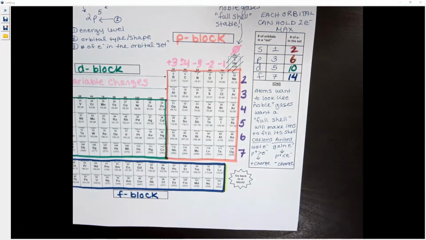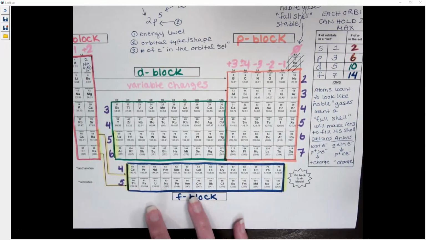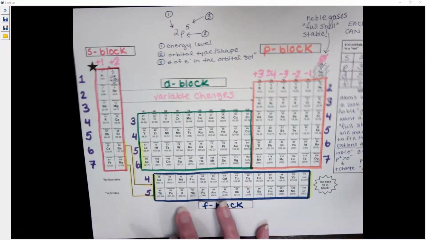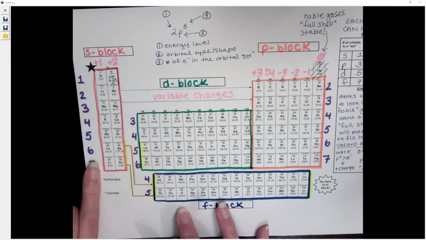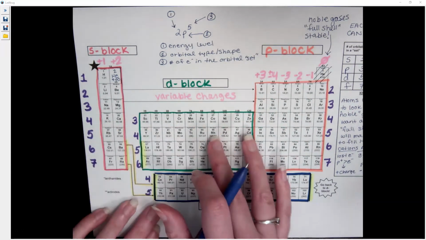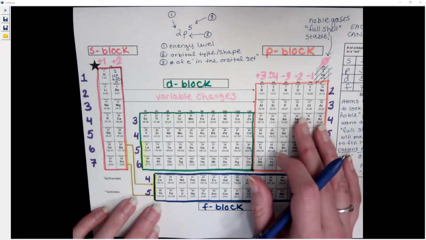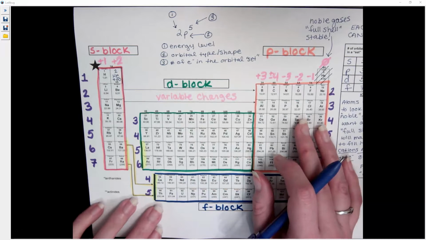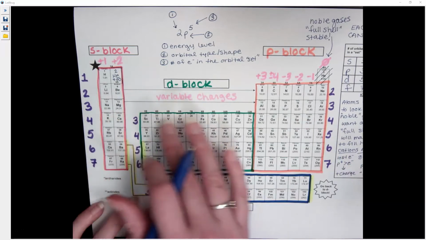Okay? So from just this periodic table, we can see lots of patterns. We can tell which energy levels are present based on counting the row. We can tell what orbital shapes are being filled by looking at which block we're in. We can figure out how many electrons are in those orbitals by counting how many columns we've gone through.